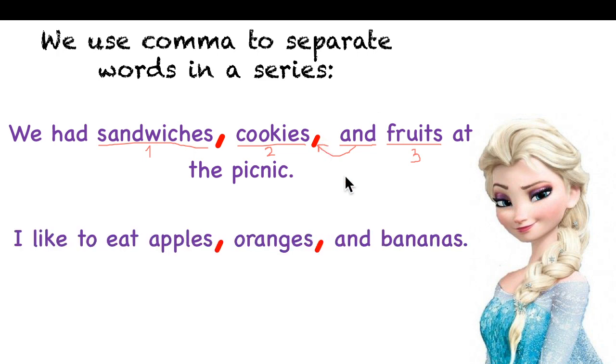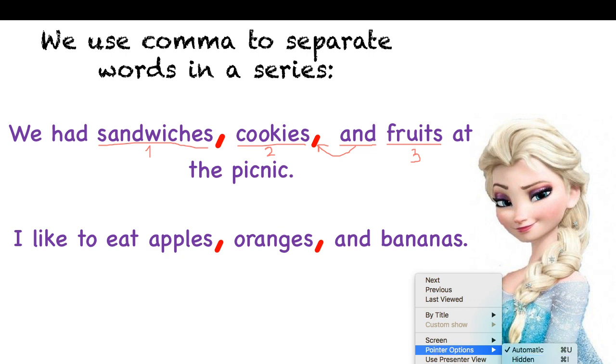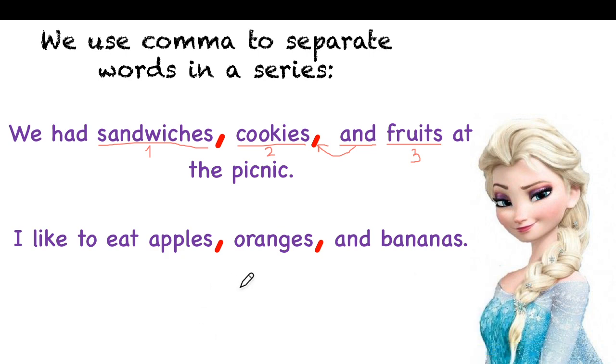Let's see another example. I like to eat apples, oranges, and bananas. What do I like to eat? 3 different kinds of fruits, right? These are words in the series. Apples is the first word in the series, so I will put the comma after.